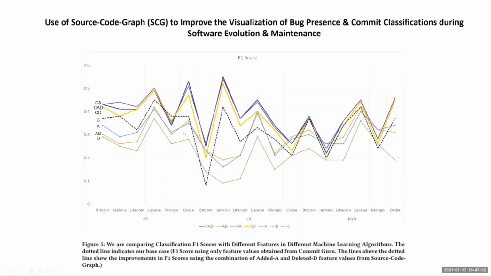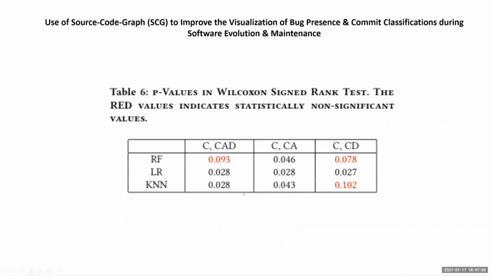The dotted line represents the F1 score when I use only the commit group feature sets, and the lines above this show the results when the feature values from added, deleted, and combined are used with commit group, and it shows the improvement.